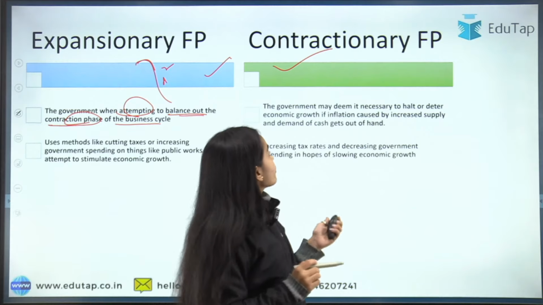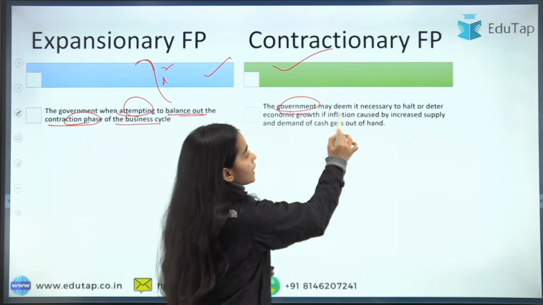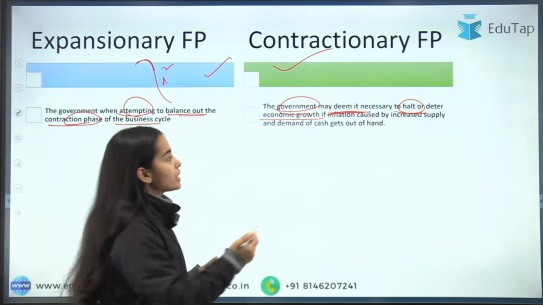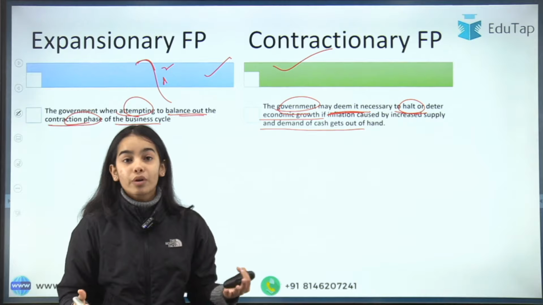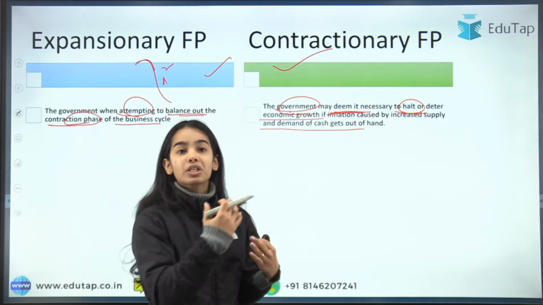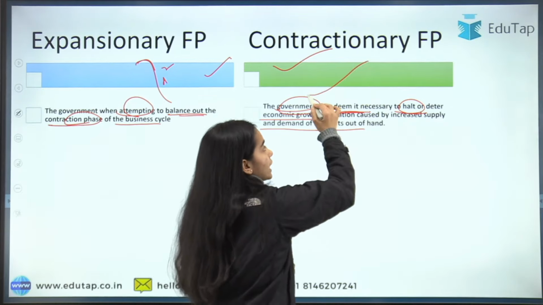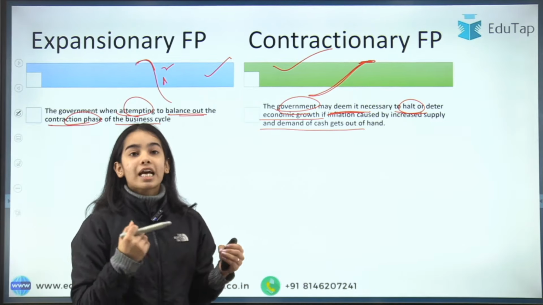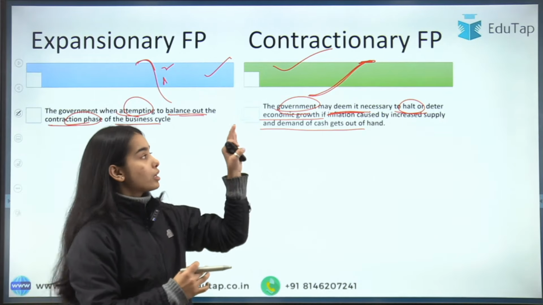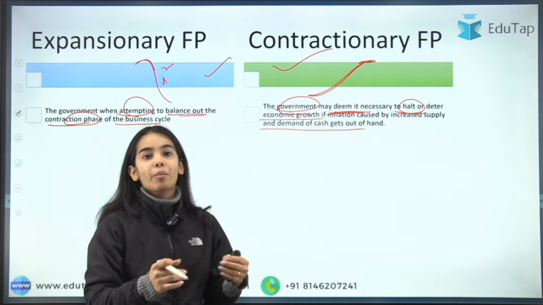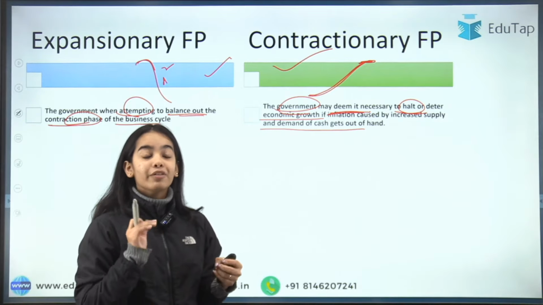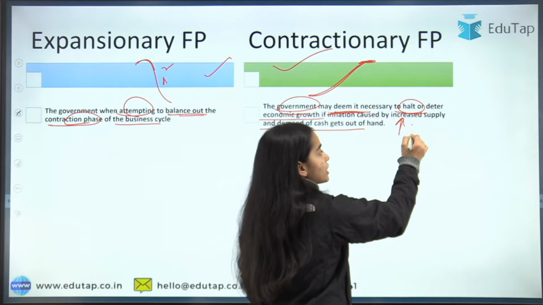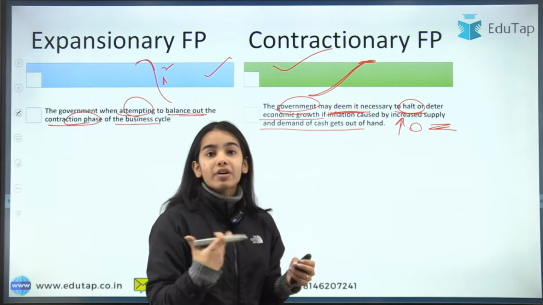And the contractionary fiscal policy is used when the government deems it necessary to halt or deter the economic growth, if inflation caused by increased supply and demand of cash gets out of hand. That is, when the economy is too much in the expansion phase, in the peak area, and the inflation and the cash are getting out of hand, then the government thinks that we need to reduce the inflation, and we cannot sustain this level of growth because the demand is increasing too much and the supply is not able to cover the demand.